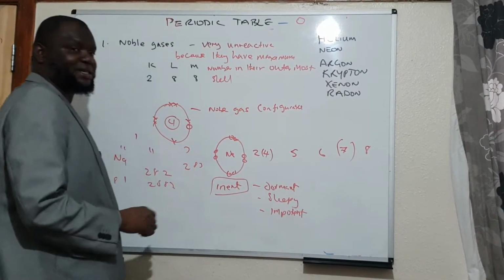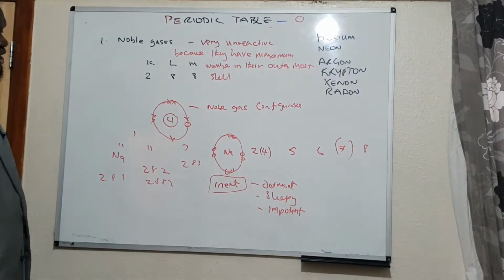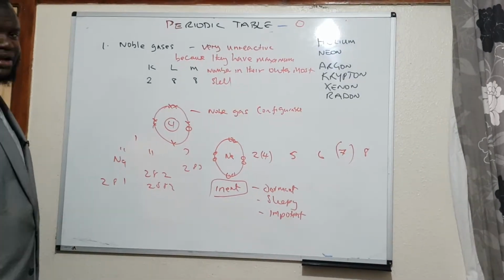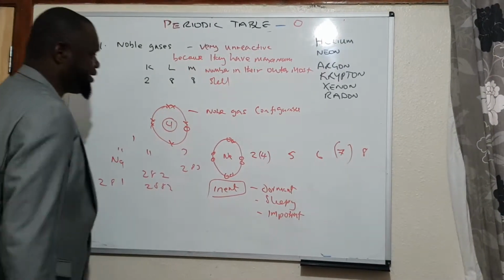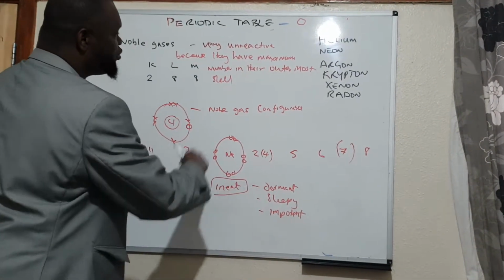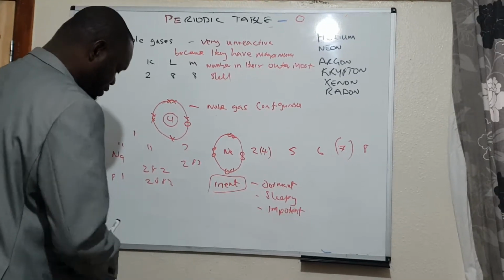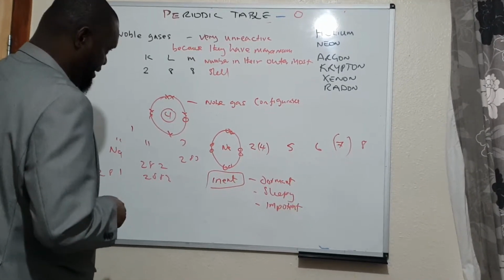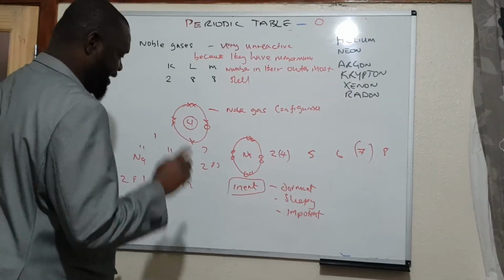If they were a man, we would say he cannot produce children. They cannot react with any other element, so they are called inert gases.